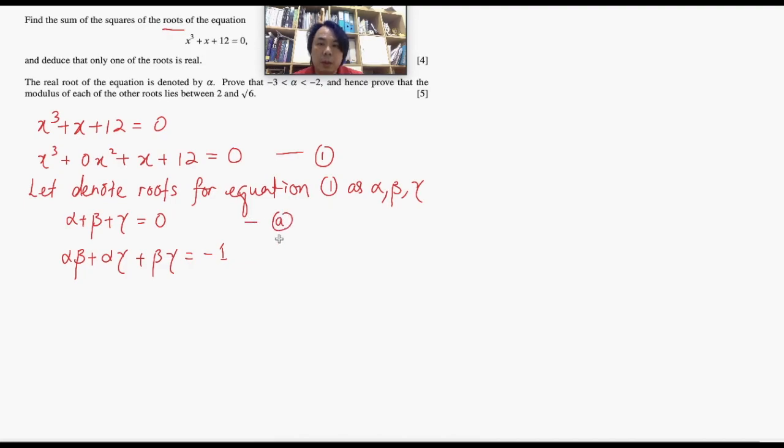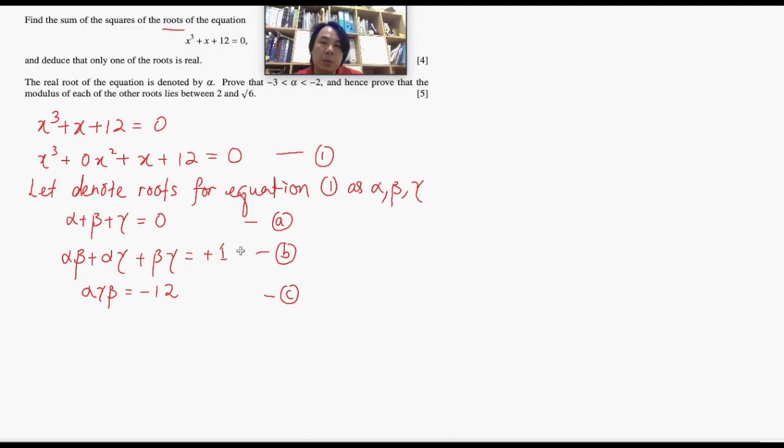Let's call this property A, B, and then we also have another property regarding the product of all its roots, which is this one here. Here we have a -2. Is it negative or positive? Oh, sorry, I think I made a mistake here. This one is supposed to be positive. This one is negative.